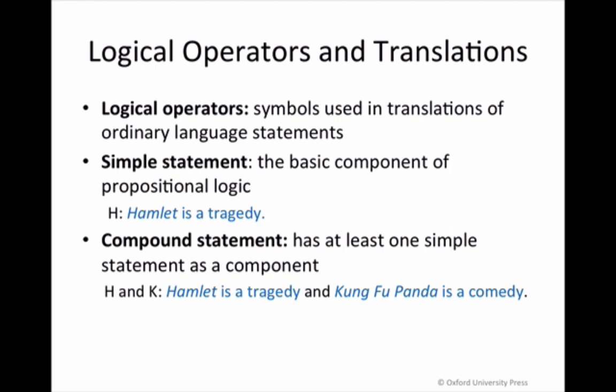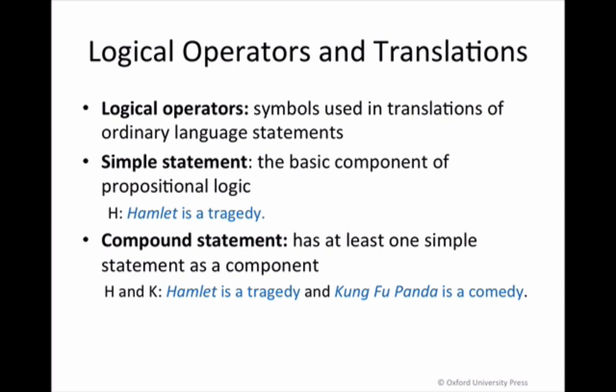Anyway, when you take a simple statement and you combine it with a connective, you will get what's called a compound statement. So when you have a compound statement, you have at least one simple statement and at least one connective. So the sentence H stands for Hamlet is a tragedy.